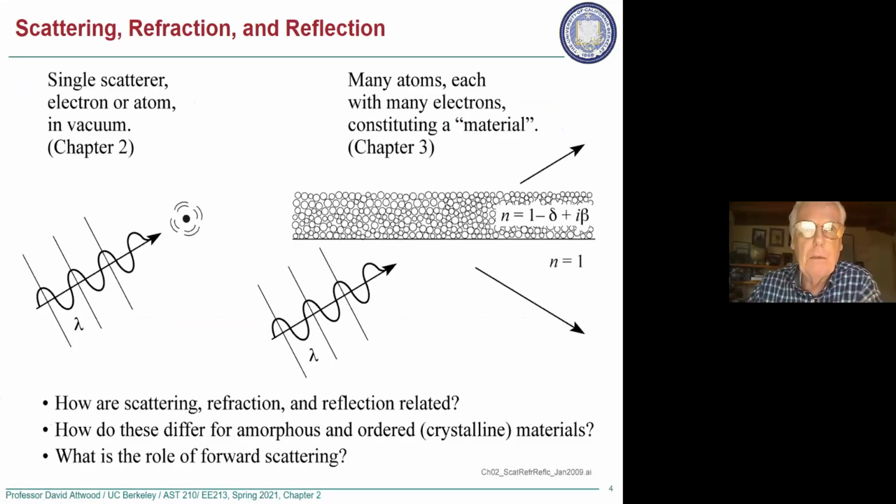Okay, so here now we'll go a little bit faster. What I told you was that in chapter 2, which we're going to complete today, we're dealing with electromagnetic radiation incident on point particles: a single free electron, a single bound electron, meaning that it's part of an atom. So it might be the electron in a hydrogen atom, okay?